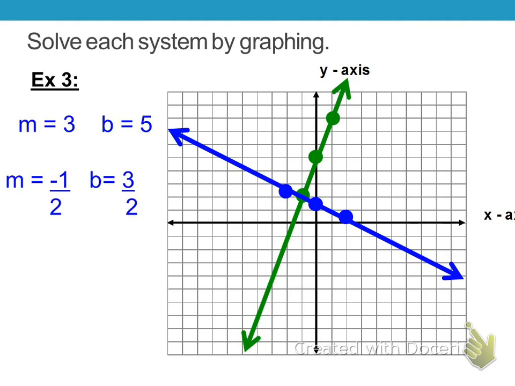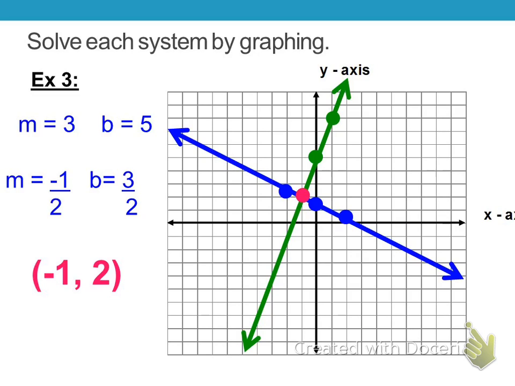Yes. And then you can go ahead and connect those, put arrows on the ends. Even though the graph was not the greatest to graph, it looks like they crossed right at that point. Right? So I think we're looking at -1, 2.